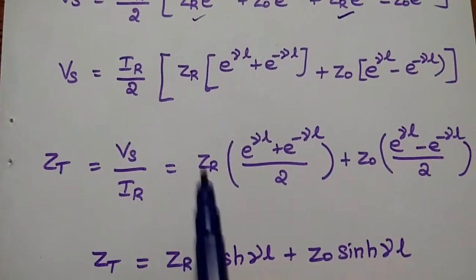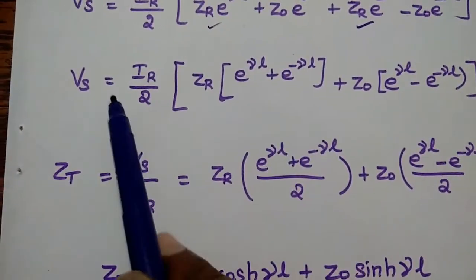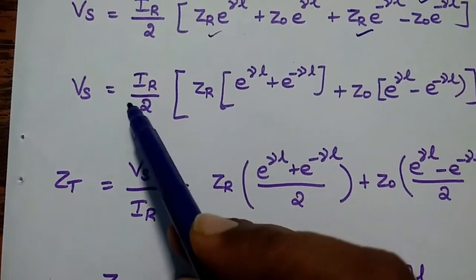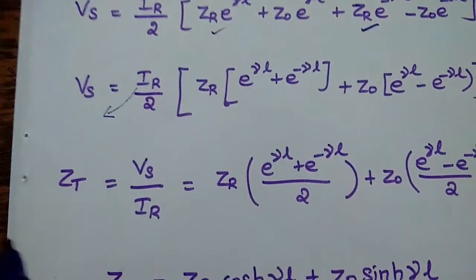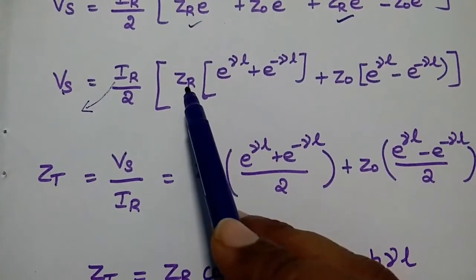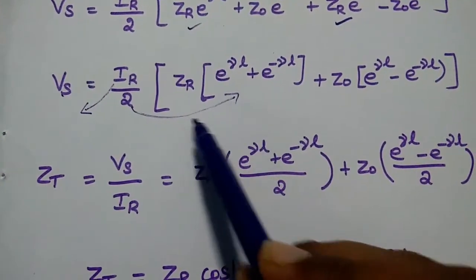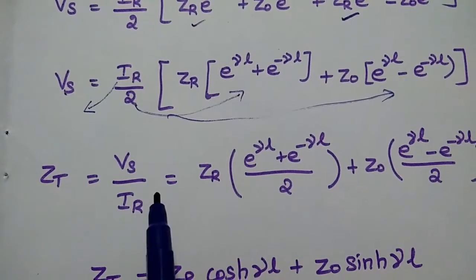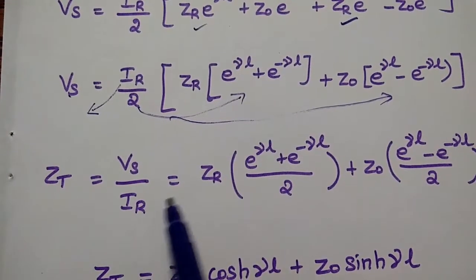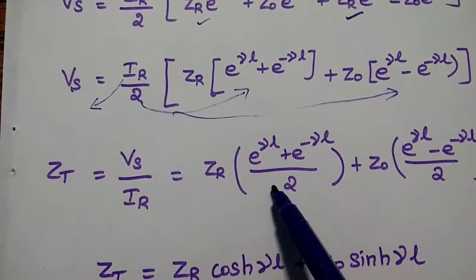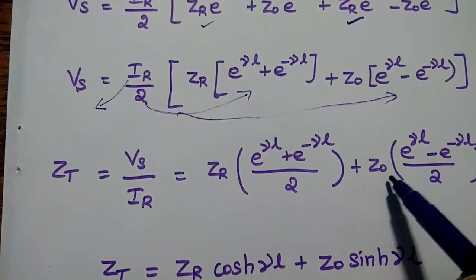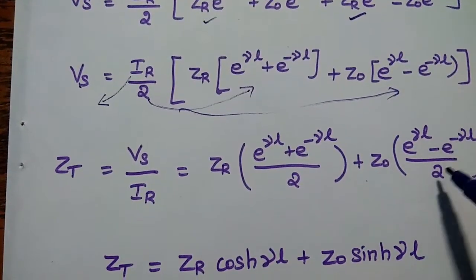So as we know that ZT, that is the transfer impedance, is equal to Vs by IR. So we can move this IR to the left hand side. So Vs divided by IR is equal to ZR, and these two we can move inside this bracket. So we can get ZT, the transfer impedance, which is nothing but Vs by IR, equal to ZR multiplied with (e power gamma L plus e power minus gamma L)/2 plus Z0 (e power gamma L minus e power minus gamma L)/2.